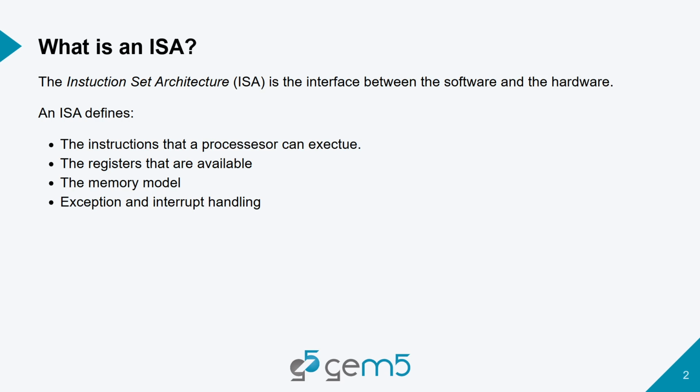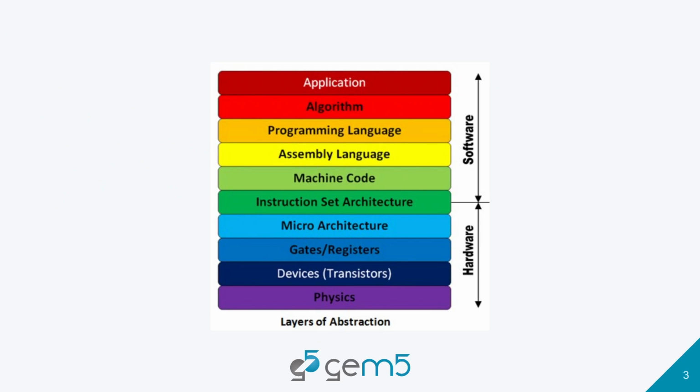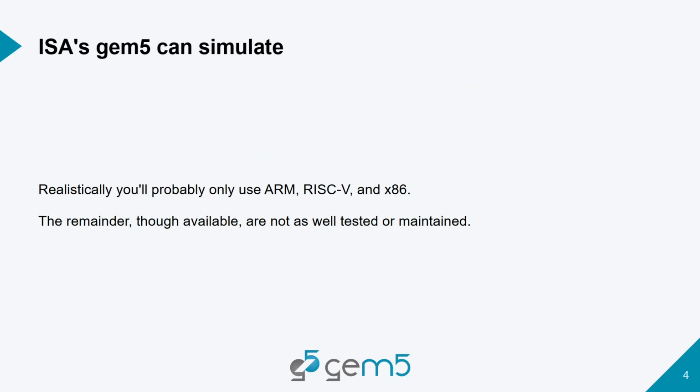For this tutorial, we're going to focus on the RISC-V instruction set architecture, but almost everything I explain here is applicable to the other gem5 ISAs. I just focus on RISC-V because it's one of the three most mature ISAs, and it's open source, so we might as well go in with it.